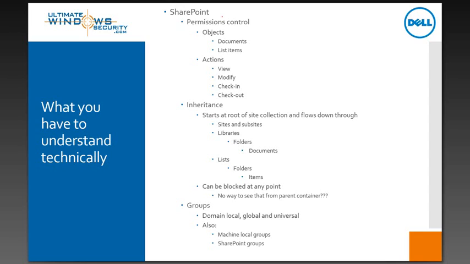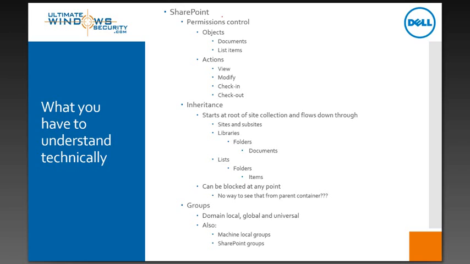Now, as far as groups, again, you've got your Active Directory groups, and I'll stick to my guns there that we should only be using Active Directory groups, but you also have something called SharePoint groups. And so these are groups defined in SharePoint itself, and they're only visible in SharePoint. They only exist within SharePoint, and they work the way you would expect groups to.